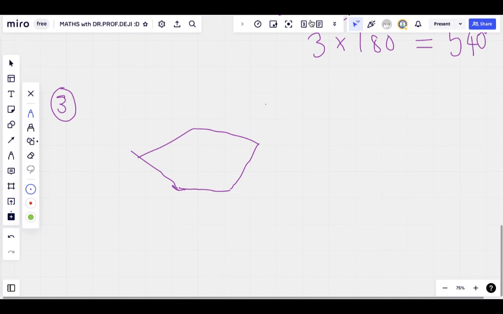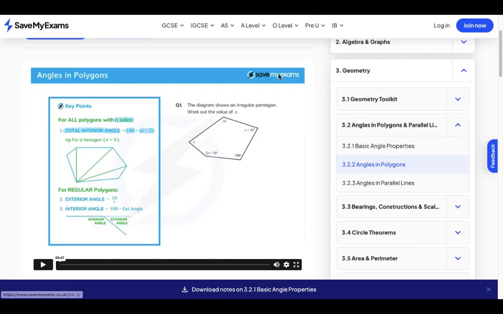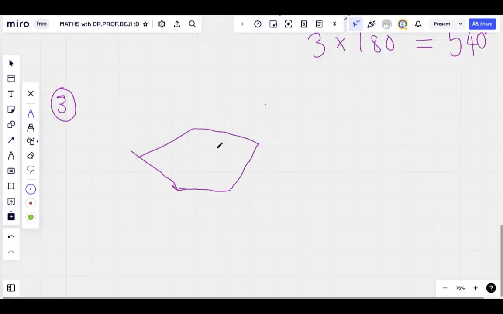Okay, now let's take a look at this. Here I have x, 2x, x plus 10. So here, this place I have x. This place I have 2x. This place I have x plus 10.